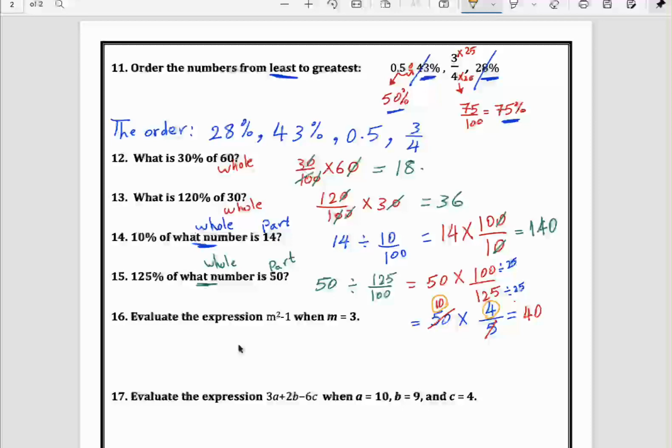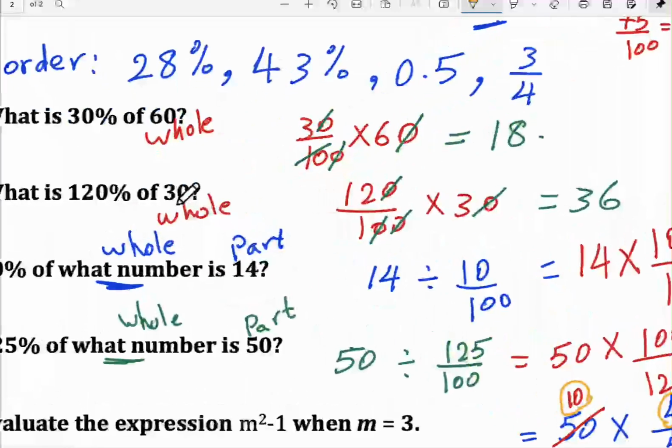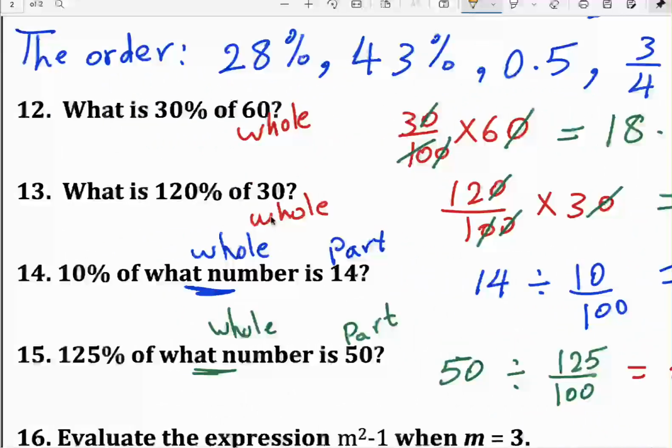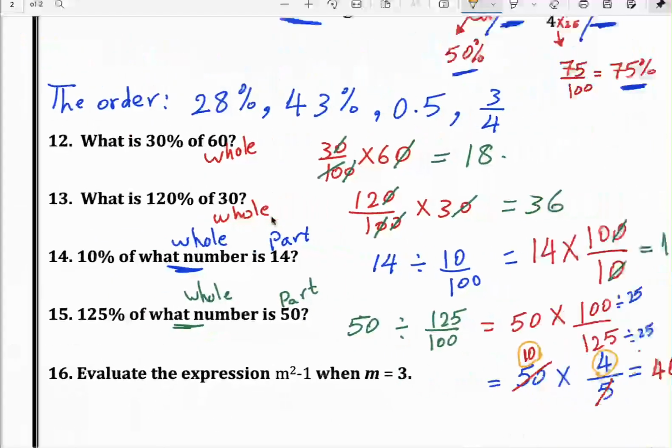Okay, Mustafa? Yes, teacher. Can you repeat question number 13? Question 13? Yes. 120% of 30. So 30 is the whole, so that's why we multiply it by the percent. The percent is 120%, means 120 over 100. We remove the zeros and we multiply.